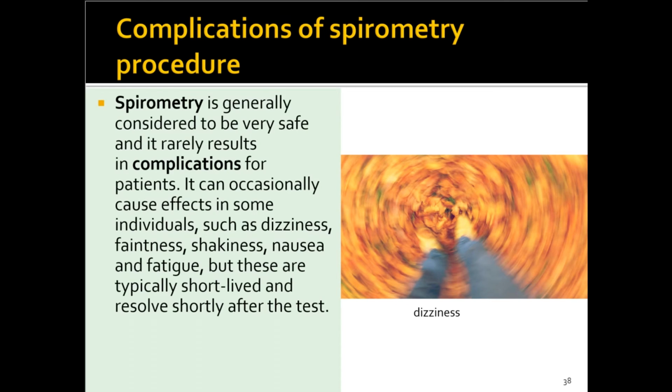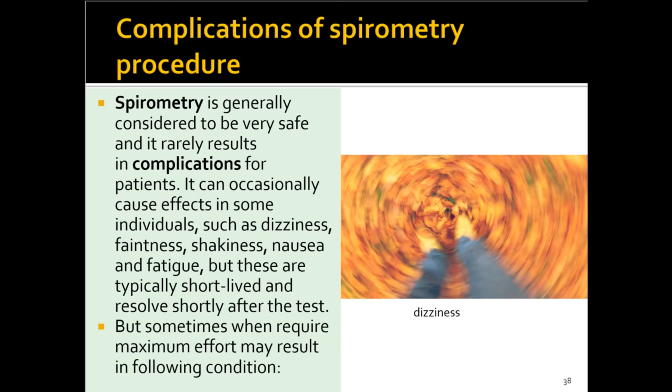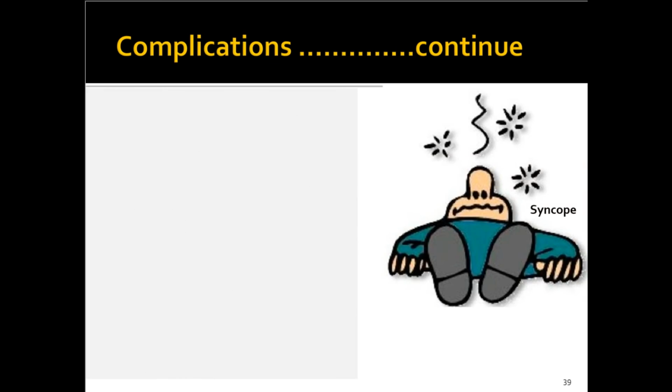Spirometry is generally considered to be very safe and it rarely results in complications for patients. It can occasionally cause effects in some individuals, such as dizziness, faintness, shakiness, nausea and fatigue, but these are typically short-lived and resolve shortly after the test. But sometimes tests that require maximum effort may result in the following conditions.